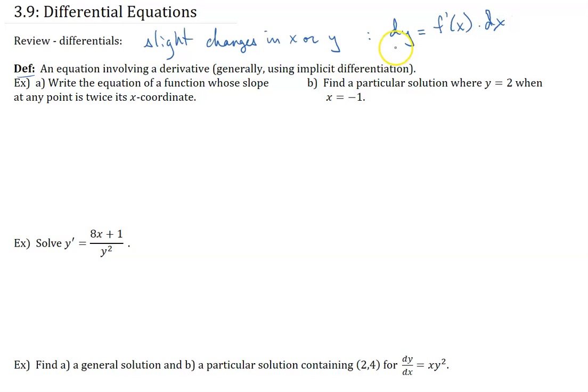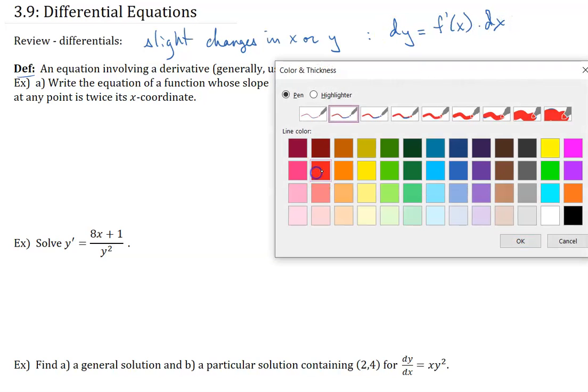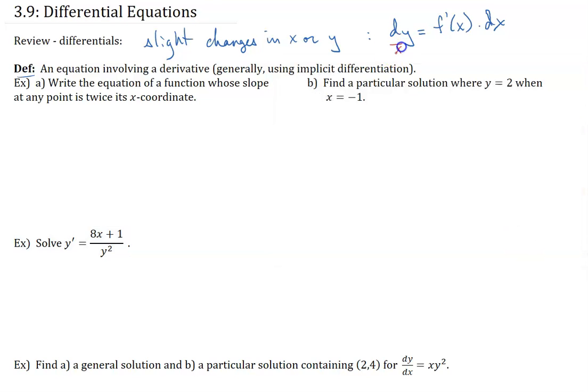It's the same thing as if we had dy over dx, and then we multiplied both sides by dx to cancel that out. Or another way to look at it is, since this is the same as dy over dx, we could say dy equals dy over dx times dx, and we still have the same thing. So either way, we're looking at the derivative times dx, that tiny slight change.